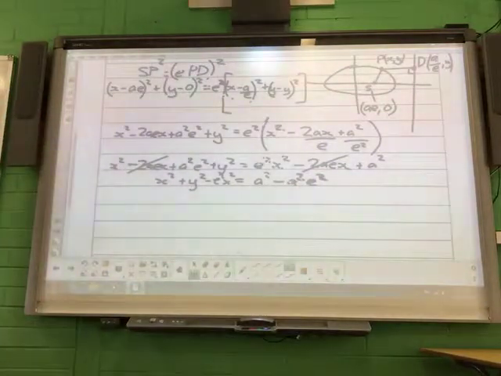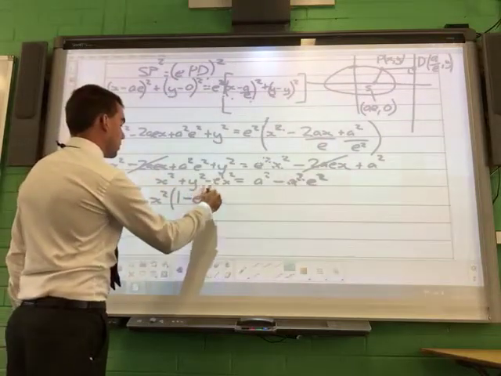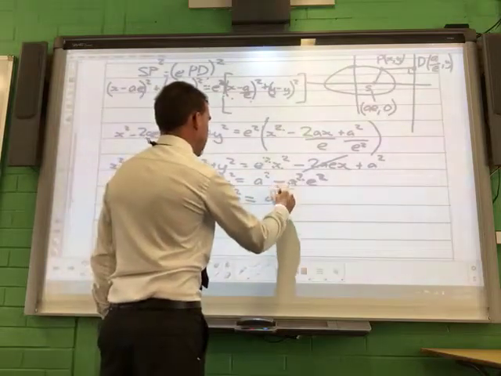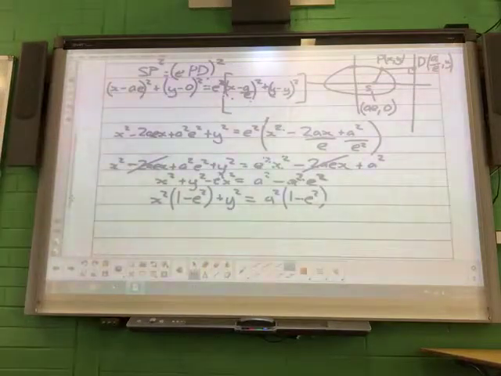I'm just rearranging, getting all my variables on the left and any constant terms on the right. Okay, so factorise the 1 minus e squared out of those two terms.